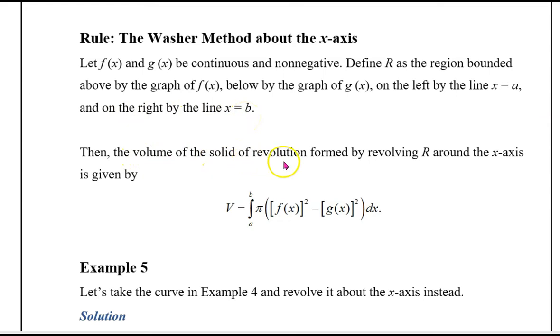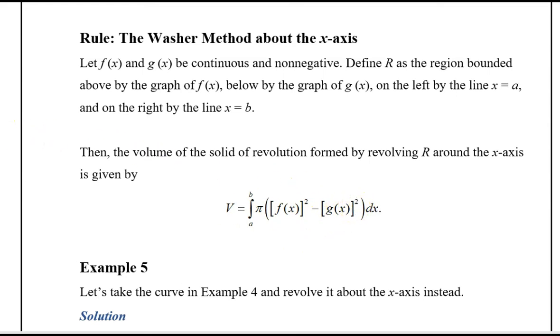Then the volume of the solid of revolution formed by revolving that region around the x-axis is given by the definite integral from x equal a to x equal b of pi times that radius squared. But we have an outer radius and an inner radius. This is what I mean by doing both at once. You're doing the outer radius and squaring it minus the inner radius and squaring it.